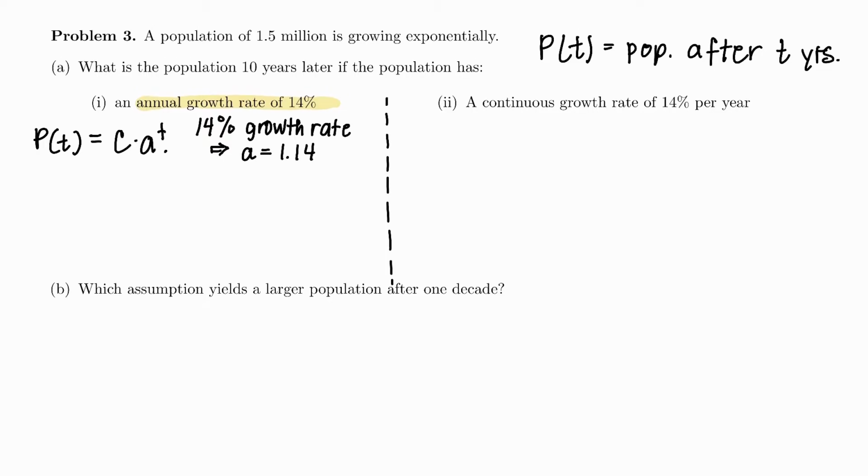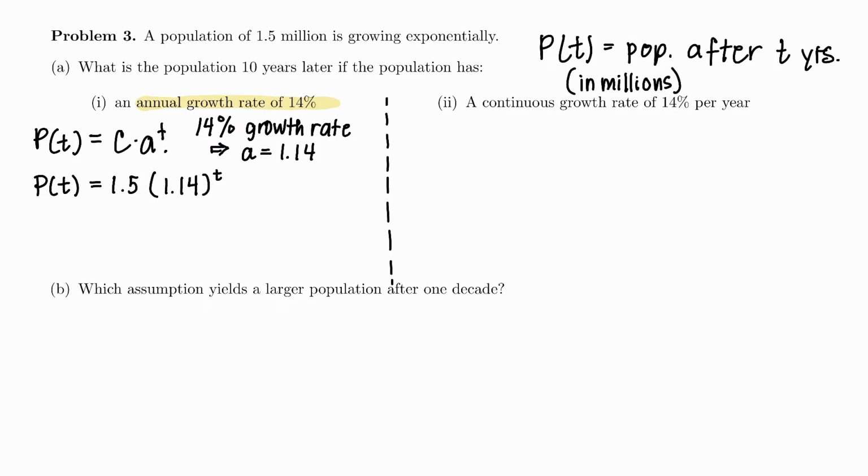And let's say that our units for P of t are in millions, so that if we start off with a population of 1.5 million people, our c value is going to be 1.5. So our equation here will be P of t equals 1.5 times 1.14 to the t.